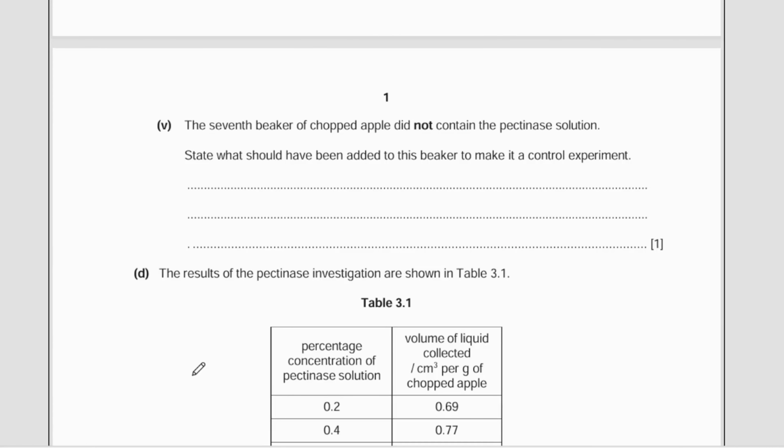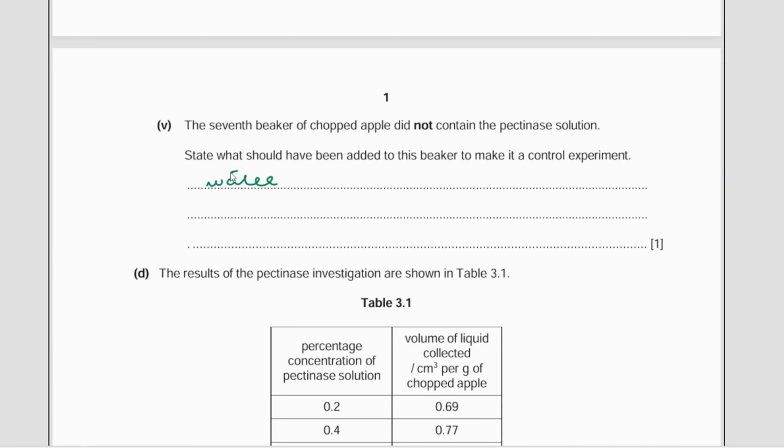We have added pectinase to only six. What should have been added in the last one to make it a control? Now, what should be added in the last beaker instead of pectinase? Water. We can add water.